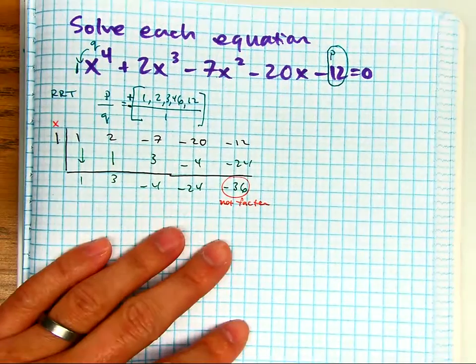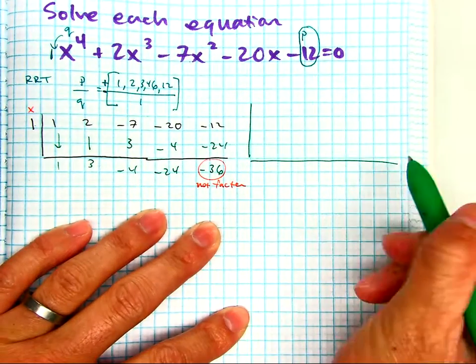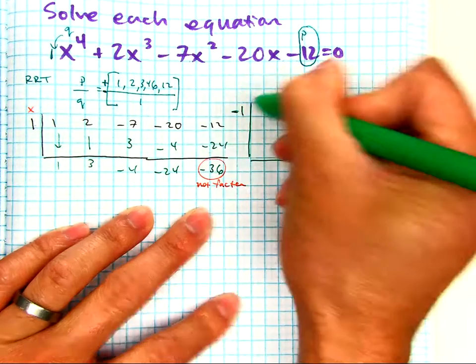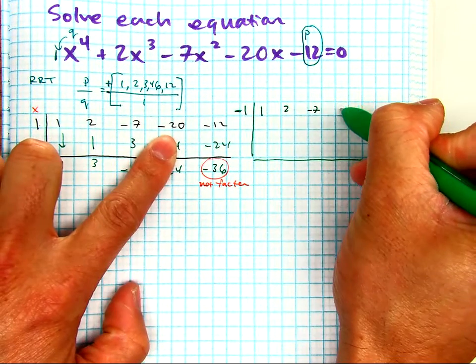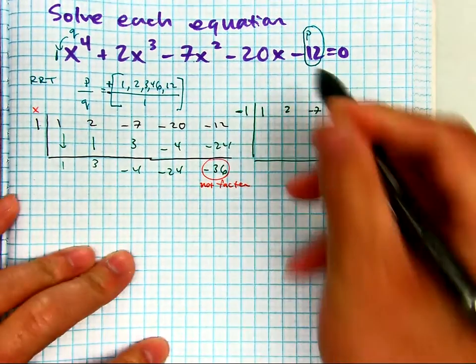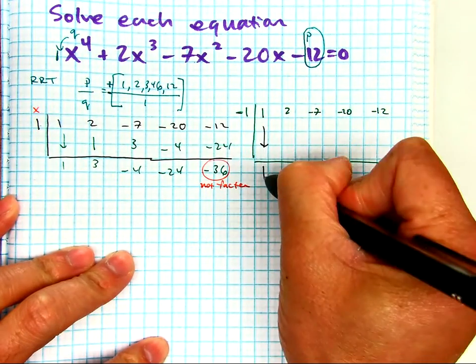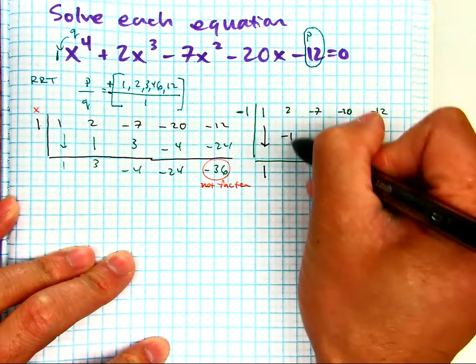What's another number we can test? Let's try -1. I'll use the same numbers: 1, 2, -7, -20, and -12. Bring it down, I get a 1. Multiply, what do we get? -1.